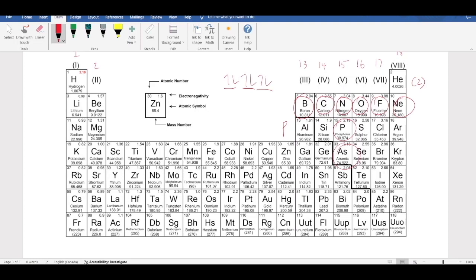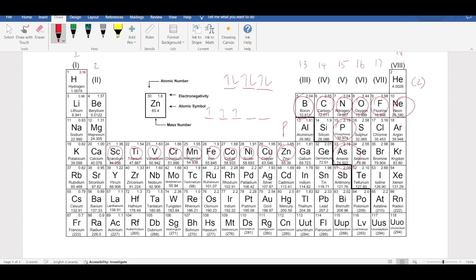Then you have to move on. Then you go back up to the s's, because this is where the s's reside. Very cool, right? Then you can do the same thing for the d's. The d's would be here. And if you were to count them all up, 1, 2, 3, 4, 5, 6, 7, 8, 9, 10. So the d's, if you were to draw them out, 1, 2, 3, 4, 5.